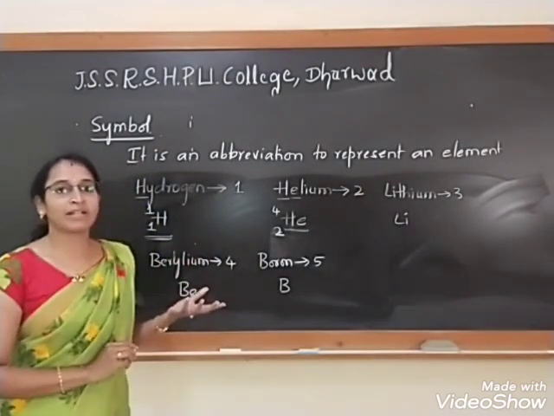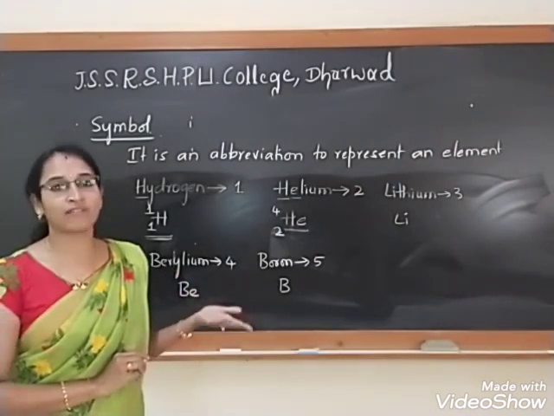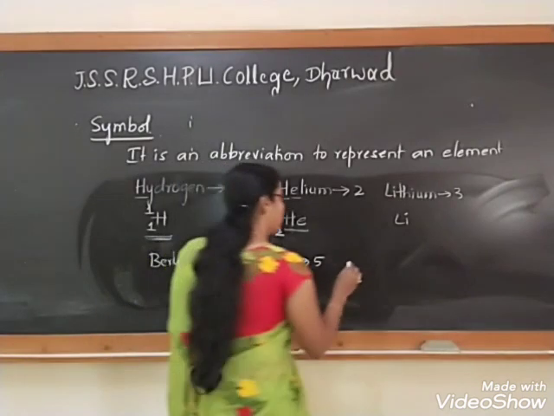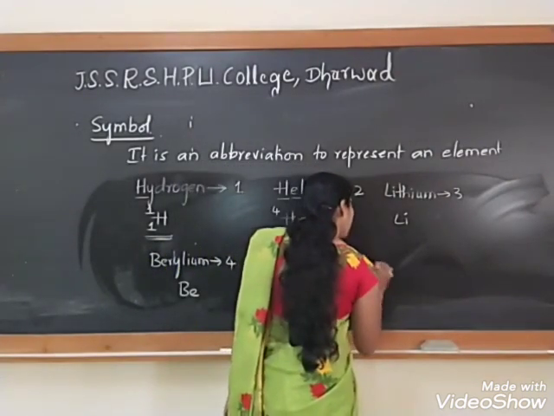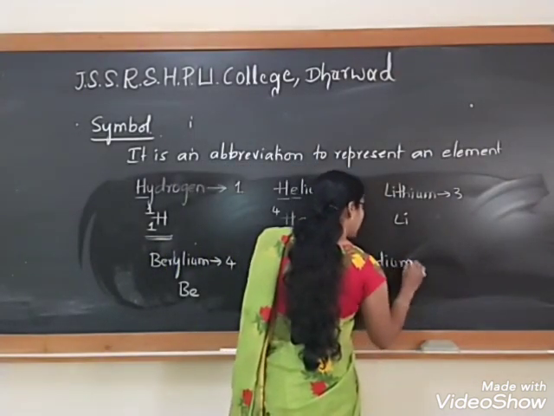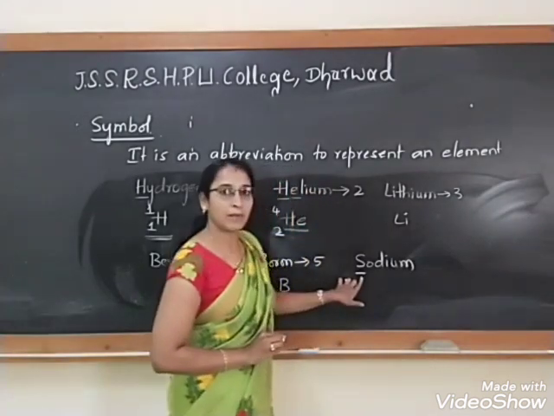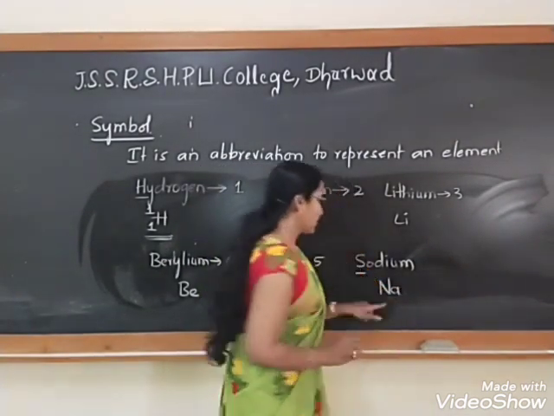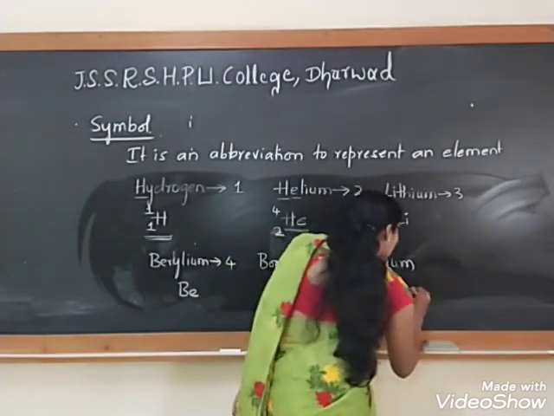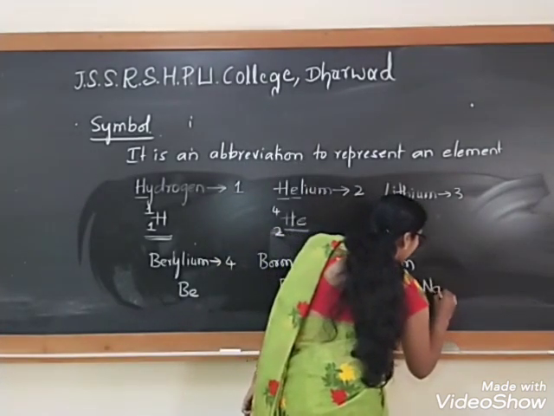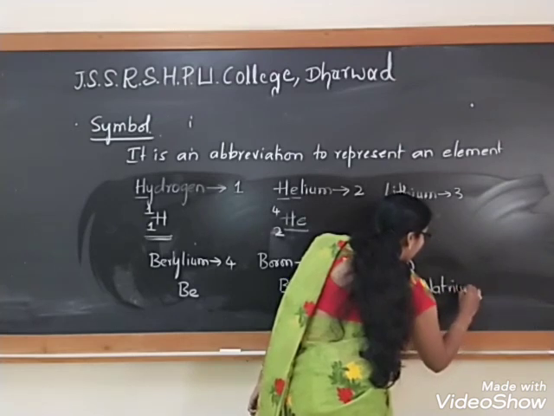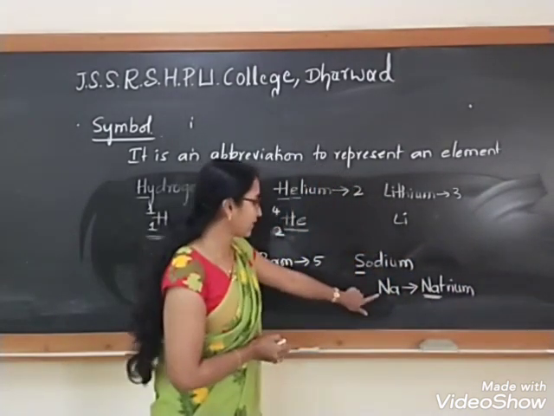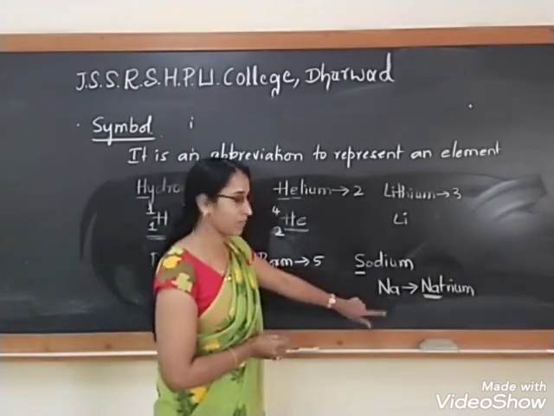But for some elements the symbol is given depending upon the Latin word. For example, sodium. It starts with capital S, but the symbol is given as Na, from the Latin word natrium, the first two letters.